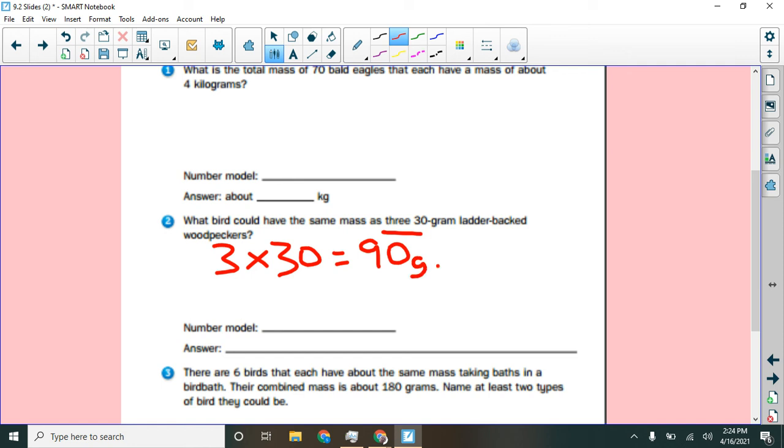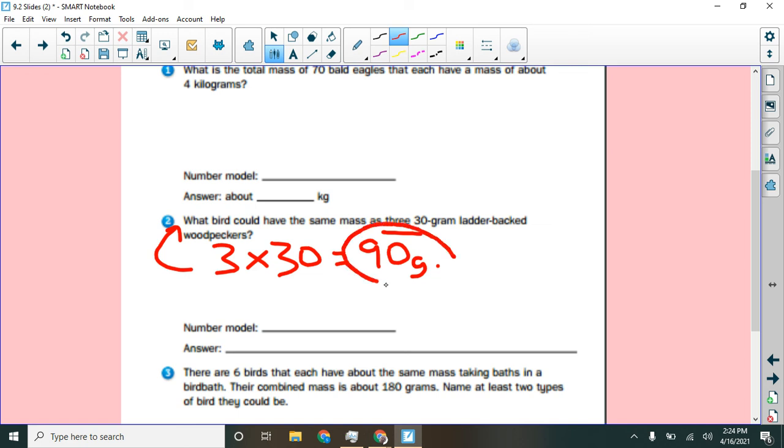But this is not the final answer, because, remember, that's one of our skills: always look back at the question. The question says, what bird could have the same mass as 3 30-gram ladder-backed woodpeckers?